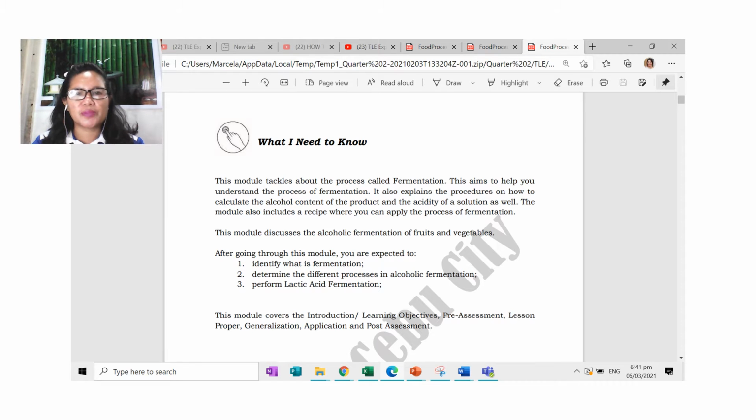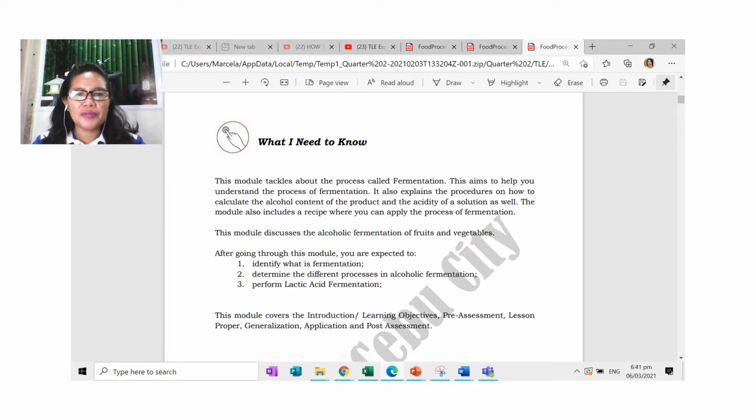It also explains the procedures and how to calculate the alcohol content of the product and the acidity of the solution as well. The module also includes a recipe where you can apply the process of fermentation. This module discusses the alcoholic fermentation of fruits and vegetables.